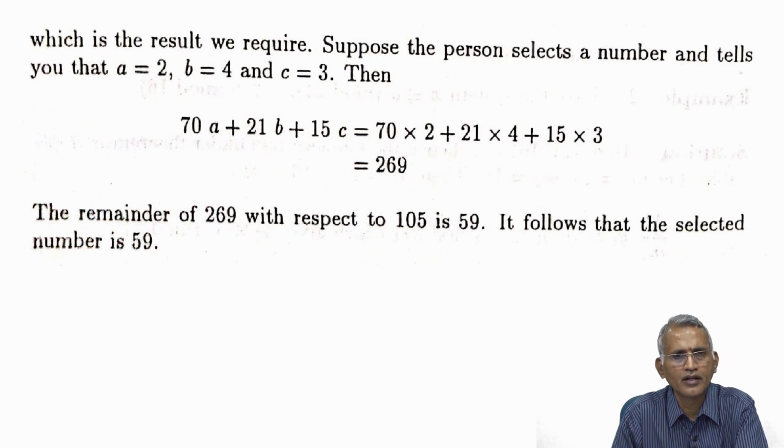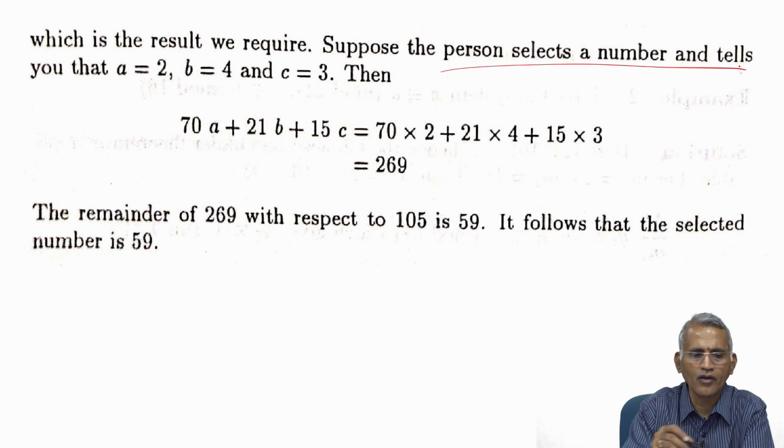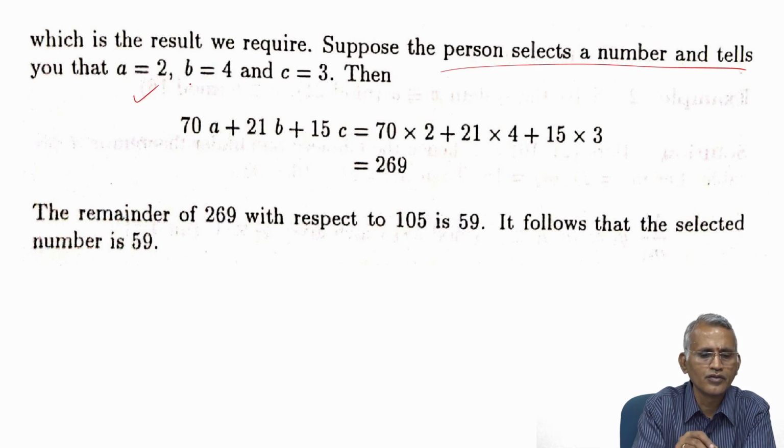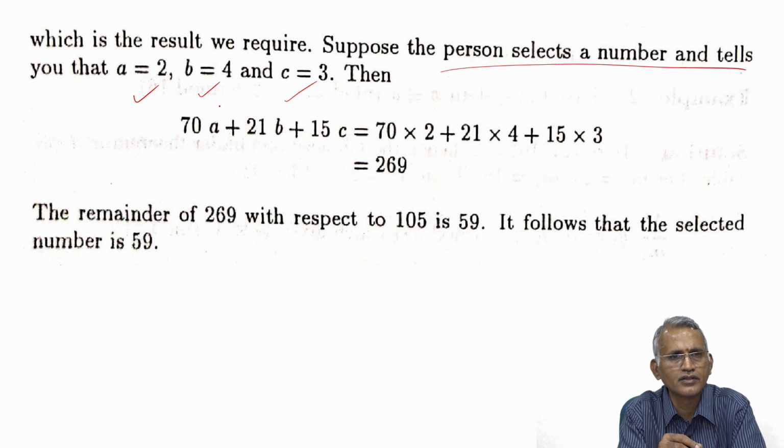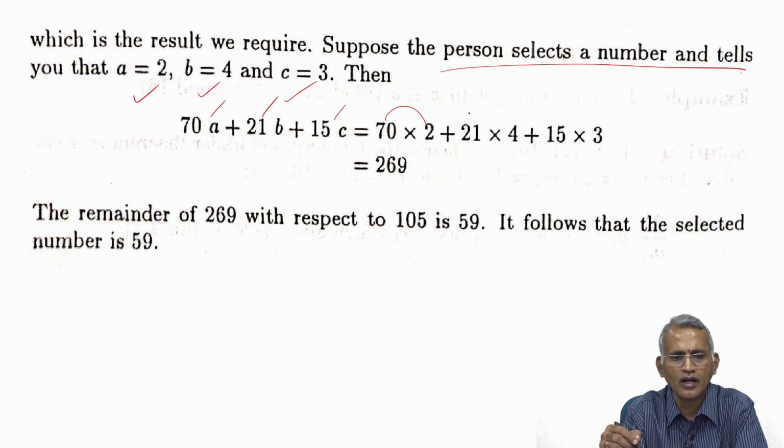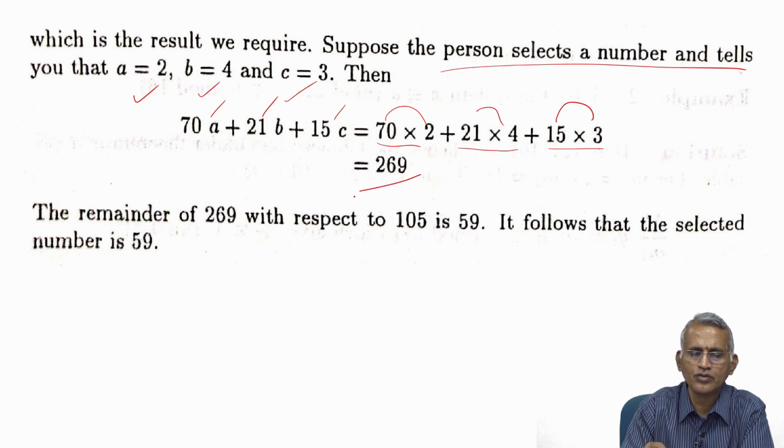Now, which is the result we require? Suppose the person tells you that A equal to 2, B equal to 4 and C equal to 3, then simply substitute into the last equation, 70 into A plus 21 into B plus 15 into C. So, 70 into 2 plus 21 into 4 plus 15 into 3. The result is 140 plus 84 plus 45, equal to 269.